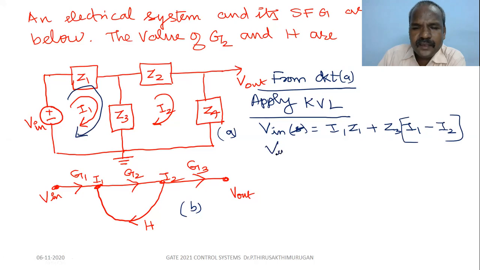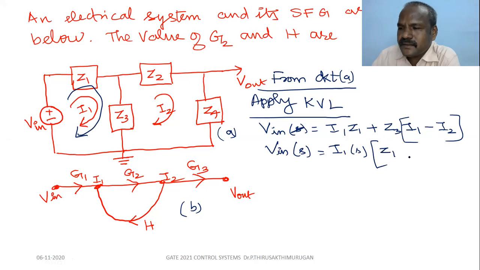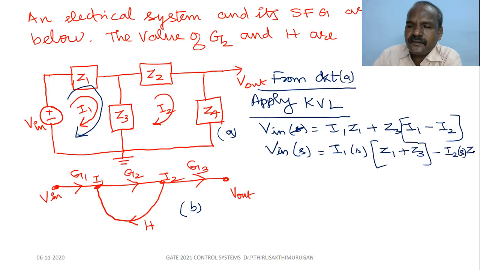V in of S, applying the Laplace transform, we get V in of S equal to I1 of S times Z1 plus Z3 minus I2 of S times Z3.